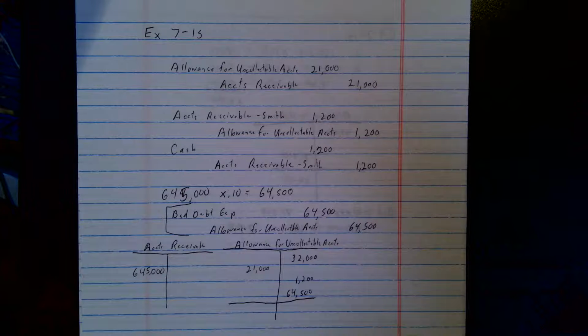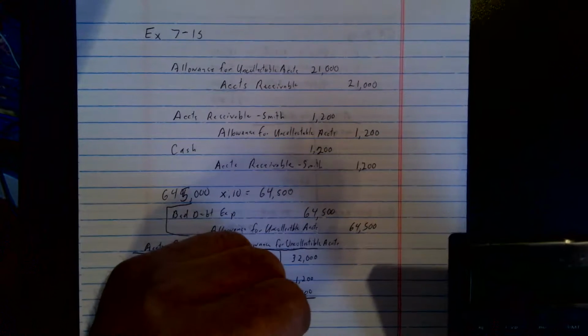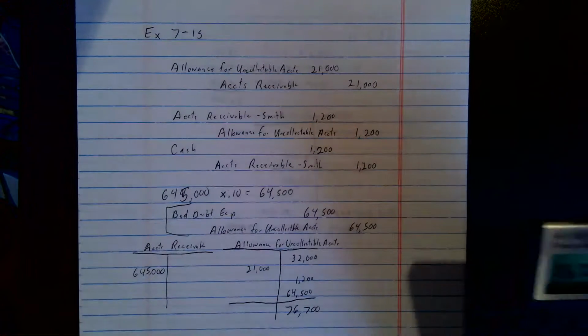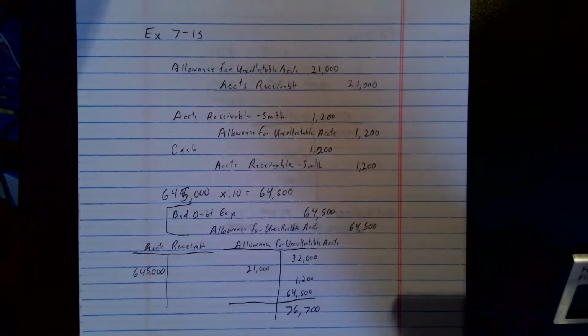And so we add that all up, 32 plus 1,200 plus 64,500 is 97,700, but then we have to subtract off the 21,000 is 76,700. All right, so 76,700.